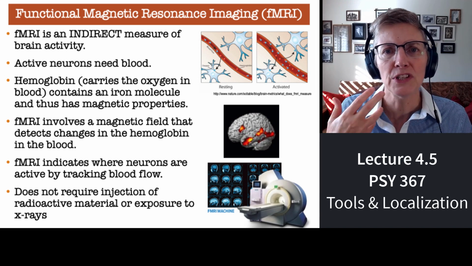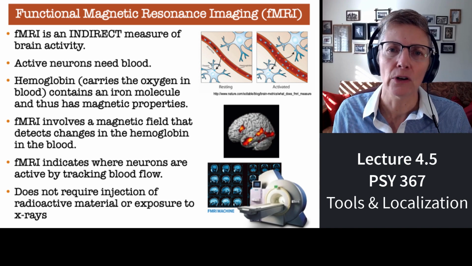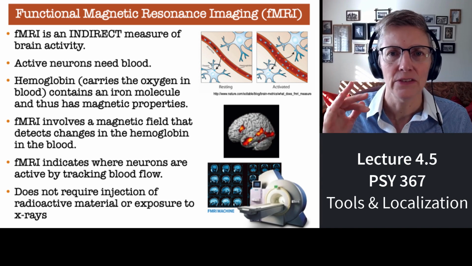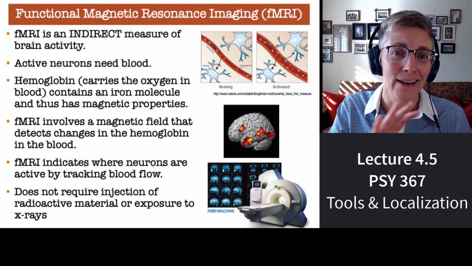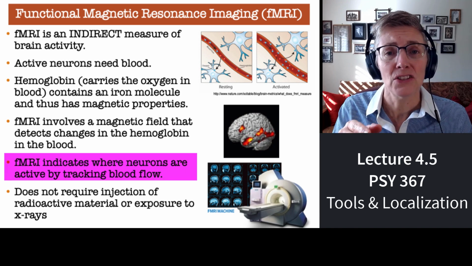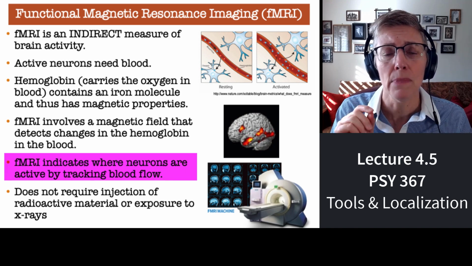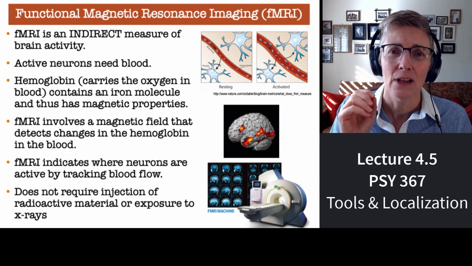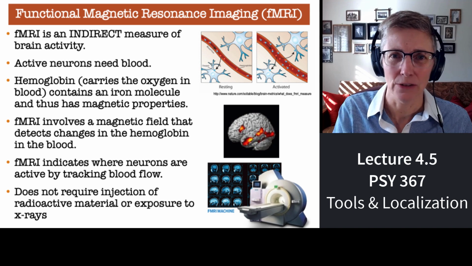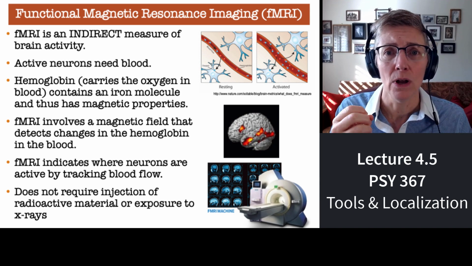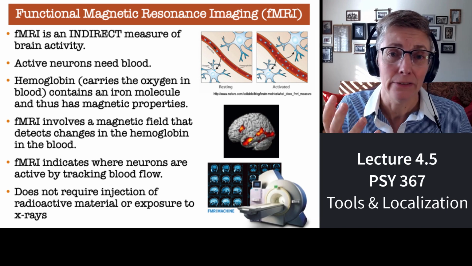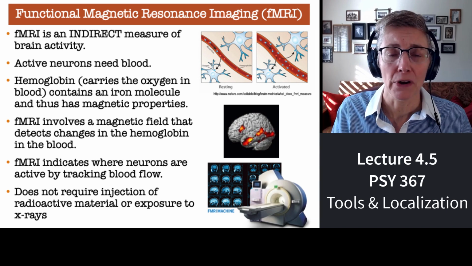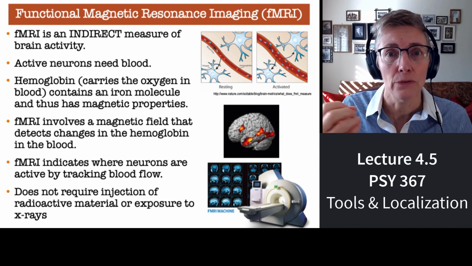So we speak as if fMRI measures the activity of neurons in the brain, and it actually doesn't do that. fMRI is an indirect measure. It measures blood flow in the brain. Actually, it measures blood deoxygenation. So remember we talked about how energy hungry your brain is. It needs oxygen and glucose from the blood.